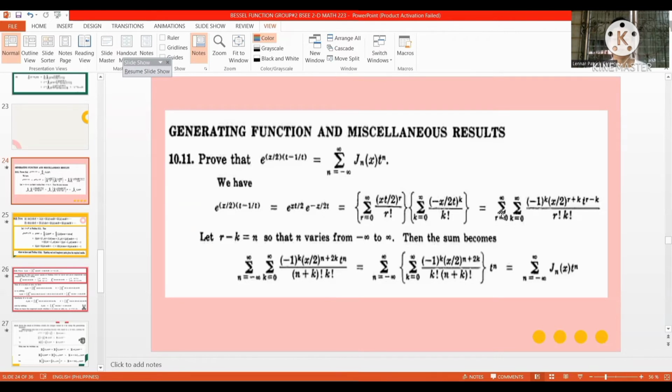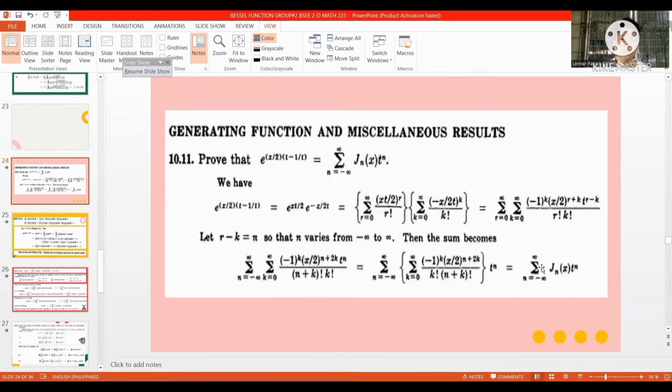Yung summations of r equals 0 to positive infinity and summations of k equals 0 to positive infinity of negative 1 raised to k, quantity z over 2 raised to r plus k, t raised to r minus k over r factorial and k factorial.